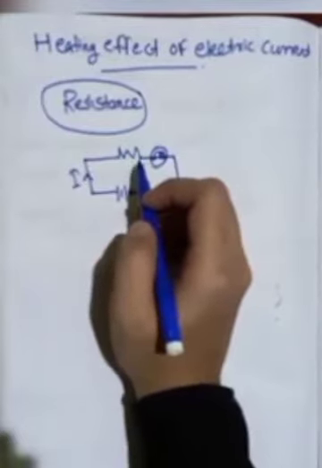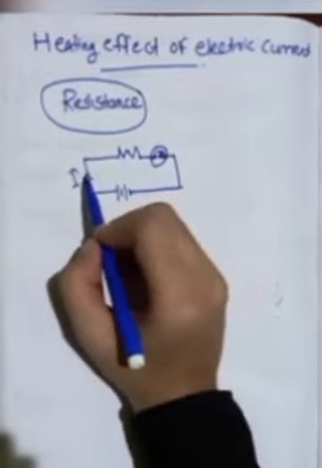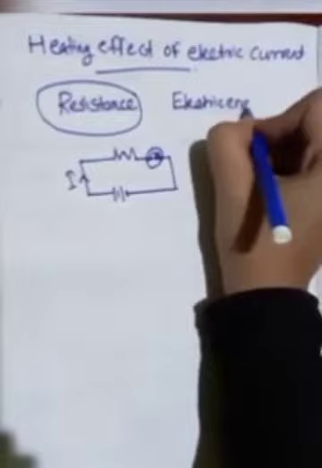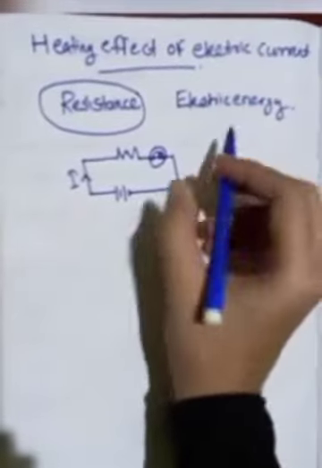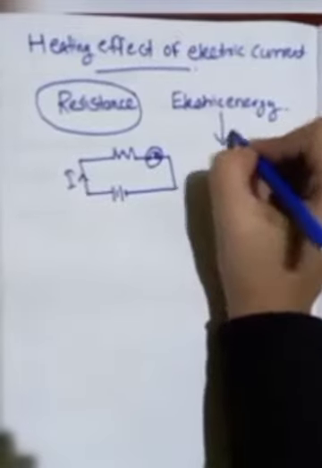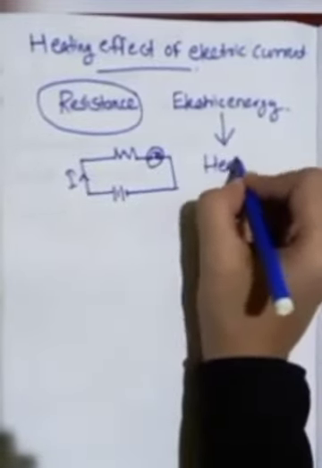How is it blocked? This electrical current is electrical energy also. This electrical energy is converted into heat energy.